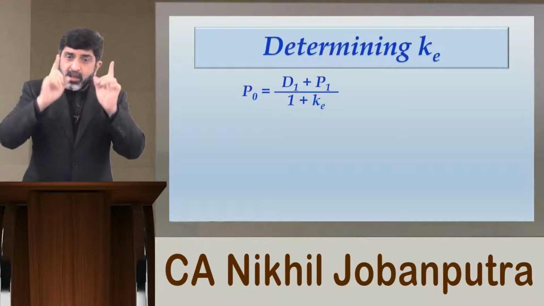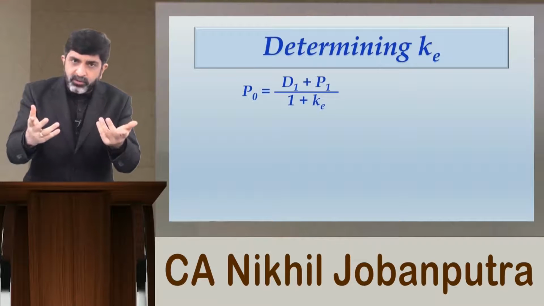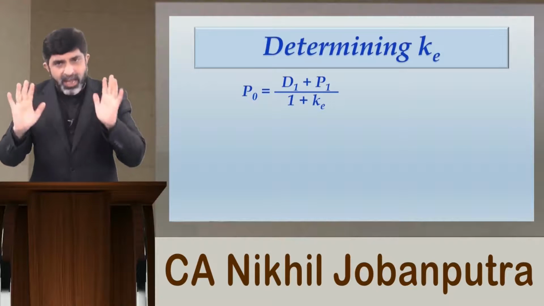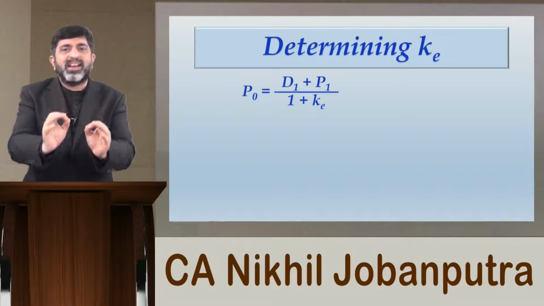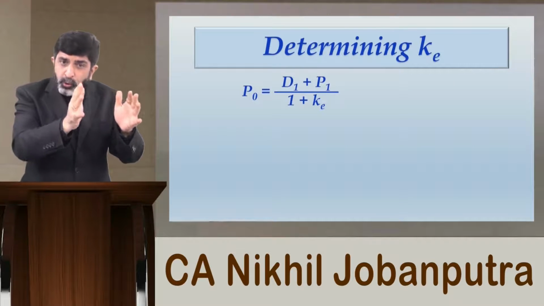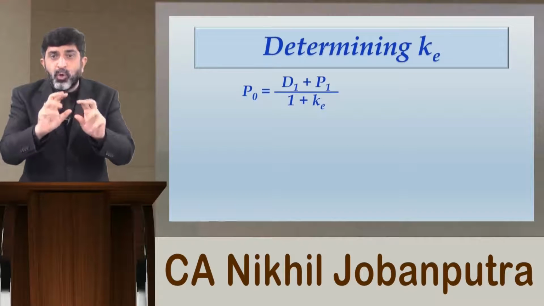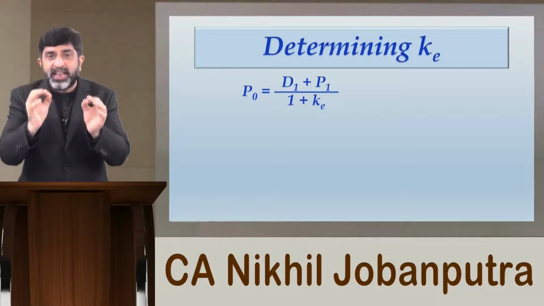I repeat, this is your expectation. What you are expecting may or may not happen, but right now there is an expectation. You are expecting 230 and 50 by end of the year, which would give you an aggregate of 280.